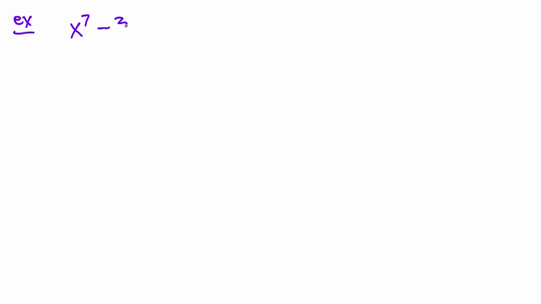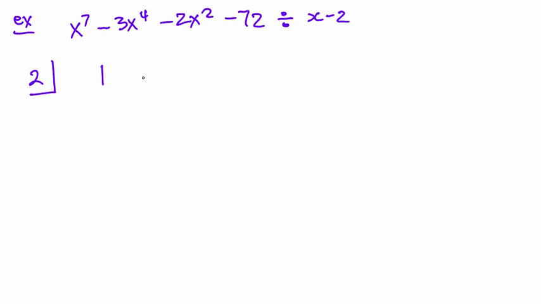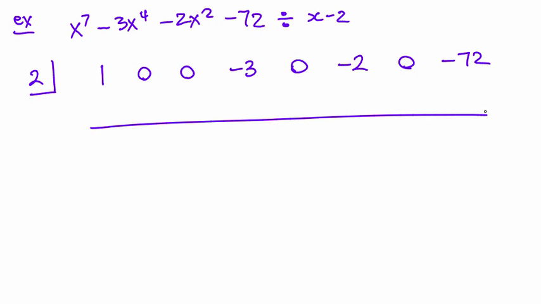x to the 7th minus 3x to the 4th minus 2x squared minus 72 is going to get divided by x minus 2. So there's my root, and now I start listing my coefficients. 7 term, 6 term, 5 term, 4, 3, 2, 1, and constant term.